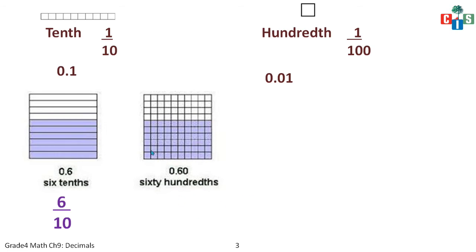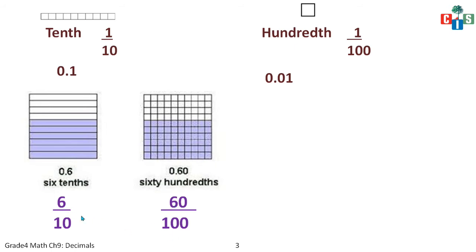Fine. So this is the second figure wherein you have divided the whole figure into 100 parts. And out of that 100 parts, how many blocks have I colored? I have colored 60 blocks. See, 10, 20, 30, 40, 50 and 60 blocks I have colored. So 60 by 100. Now, by mere observation, I will say that 6 by 10 is equal to 60 by 100.